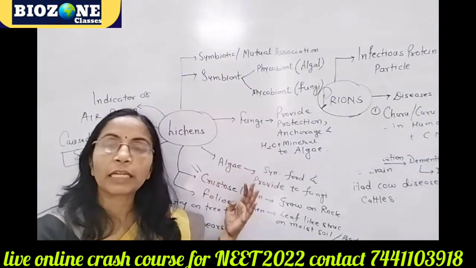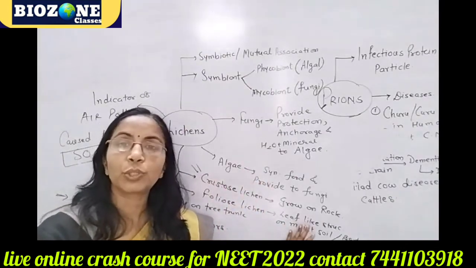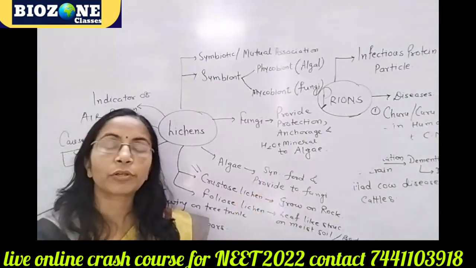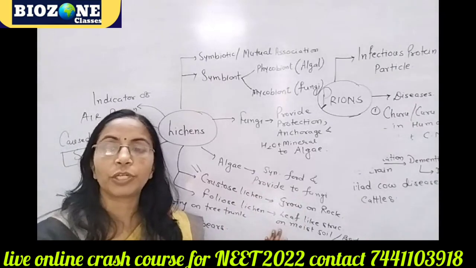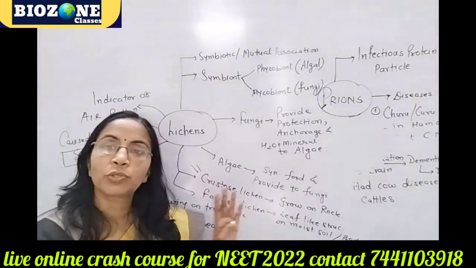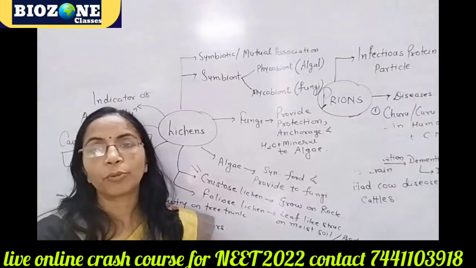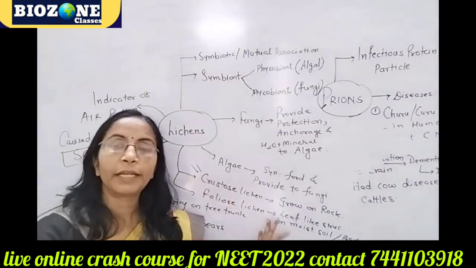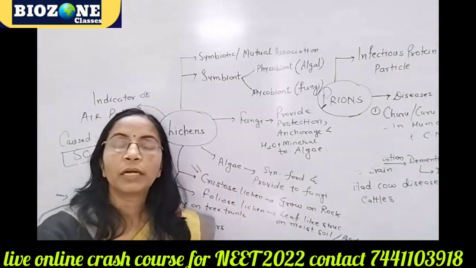In revision classes we never revise the angiosperm because angiosperm we are strictly studying in the second chapter, reproduction. Then in morphology in plants also you study angiosperm. So 4 divisions of the plants tomorrow we will discuss. So with tomorrow we will complete the plants and then after that we come towards the Animalia kingdom, okay?